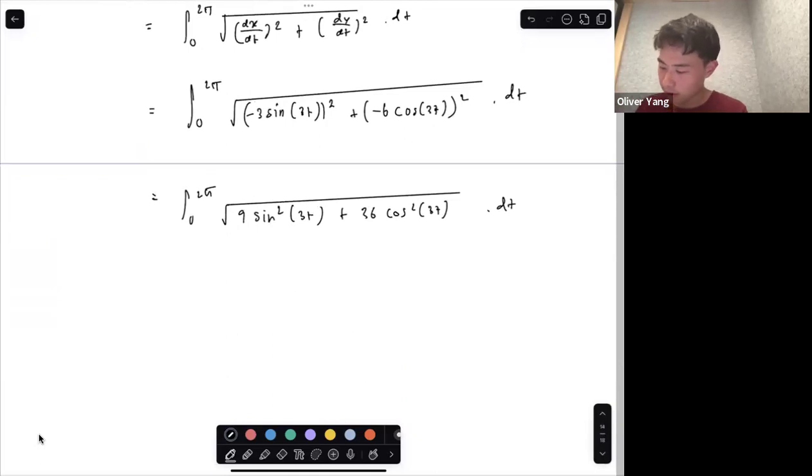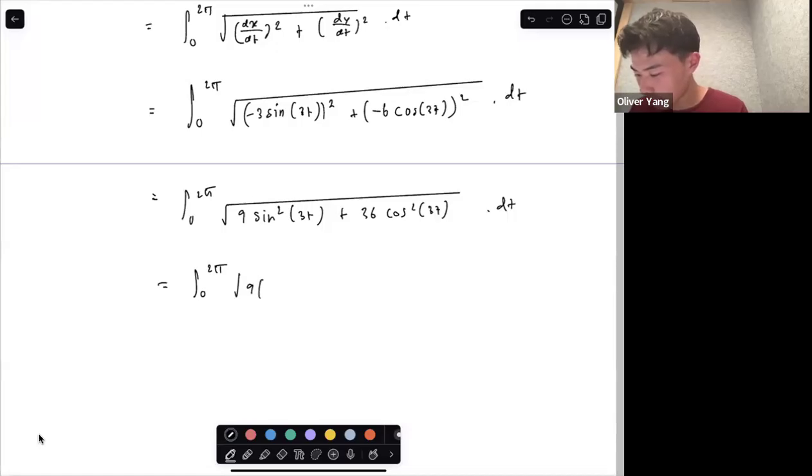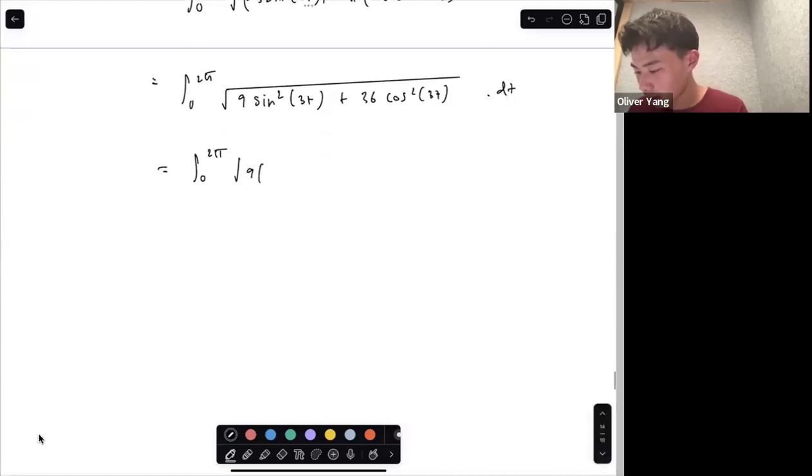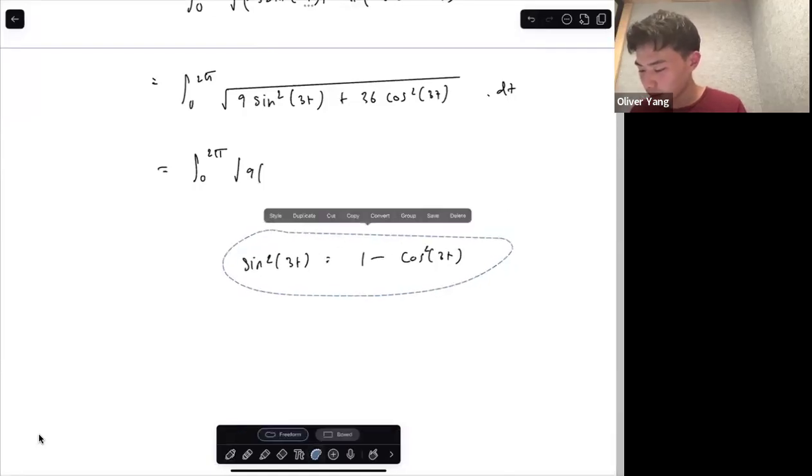And then we can factorize the 9 out. So we can do 9, and then we know that sine squared 3t equals 1 minus cos squared 3t. So let's get the 9 out first.